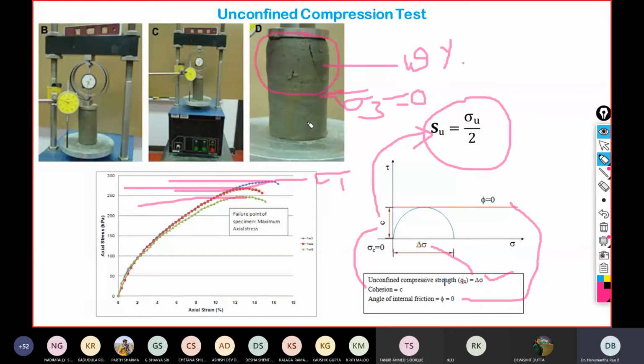But you need to understand when the pore water pressure develops. Will it develop instantaneously or is it a time bound phenomenon? Yeah, it is a time bound phenomenon. Very good. So development of the pore water pressure is a time bound phenomenon.